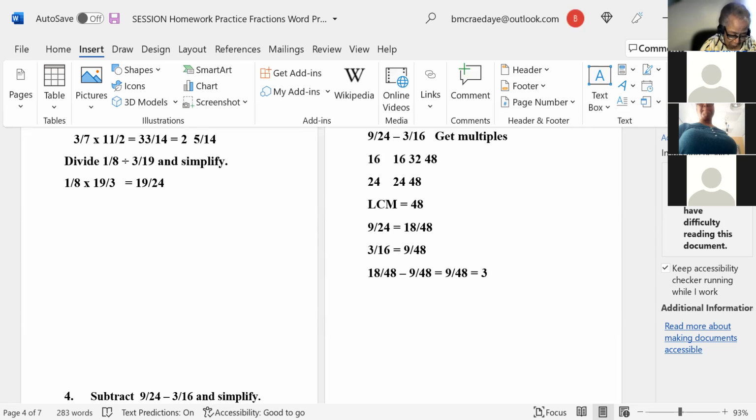And 3 into 48? 3 times 9 is not 48. 3 divided into 48 is what number? 16. That's your answer. Maureen had it right: 3 over 16.